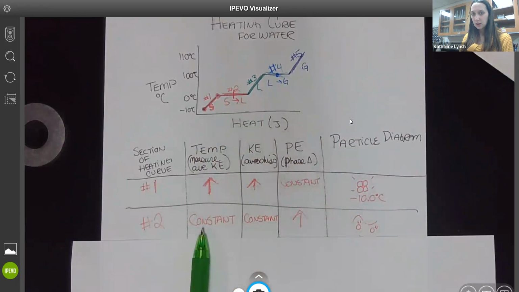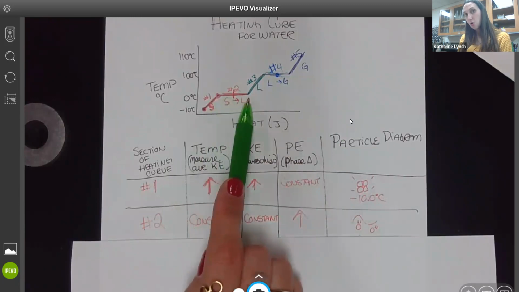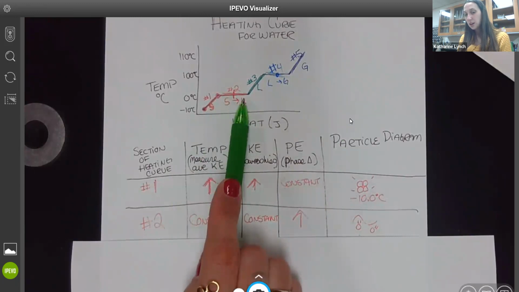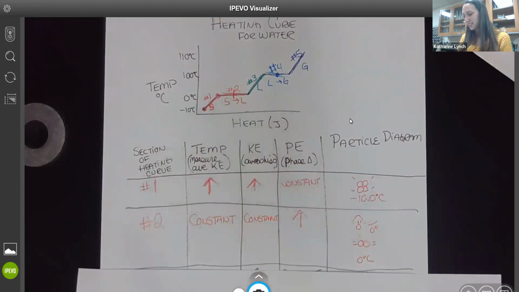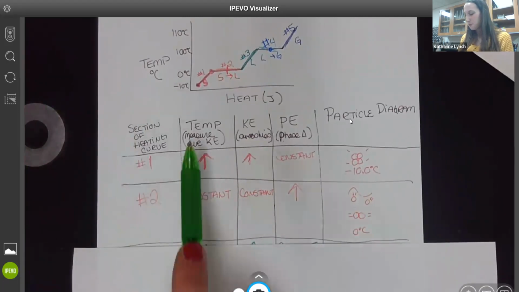My temperature is constant. My kinetic energy would be constant, whether I'm drawing the beginning, middle, or end of this phase change. But what this energy is changing into, I should scooch down the rest of this because it looks like I haven't drawn my particle diagram properly.